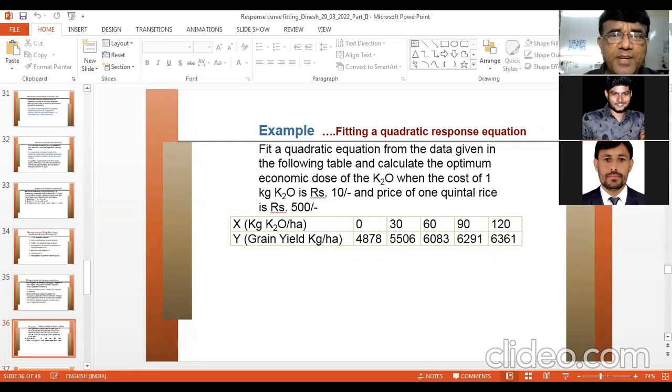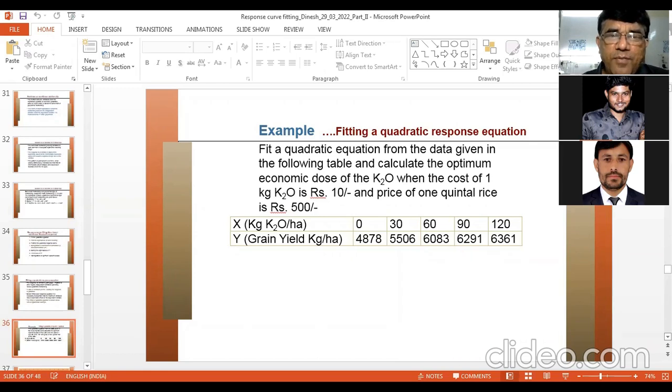So in this case, fit a quadratic equation from the data given in the table and calculate the optimum economic dose of the K2O potassium when the cost of 1 kg K2O is ₹10 and price of 1 quintal of rice is 500. 1 quintal means 100 kg. 100 kg price is ₹500. So the prices are very low.